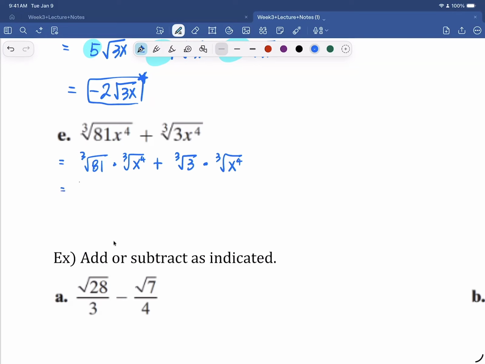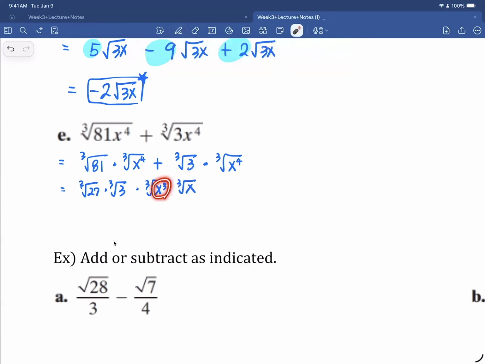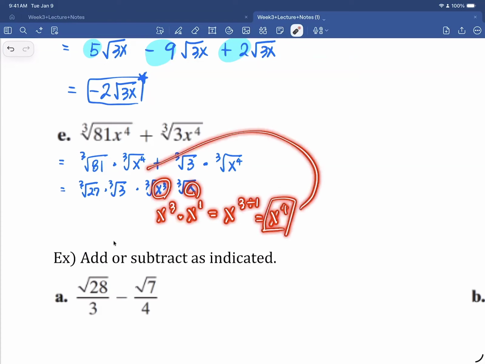I think we already did. So 27, and then that. And this one you can split up, right? Because this is x cubed times x to the 1, which is x to the what? 3 plus 1. So that's why x to the fourth, right? Right there. Okay.